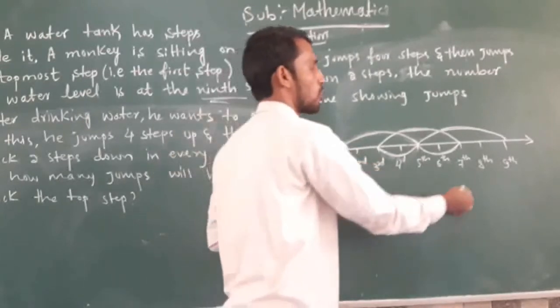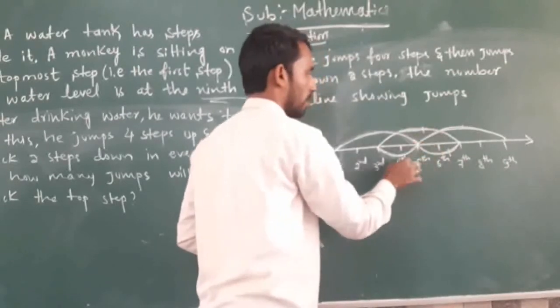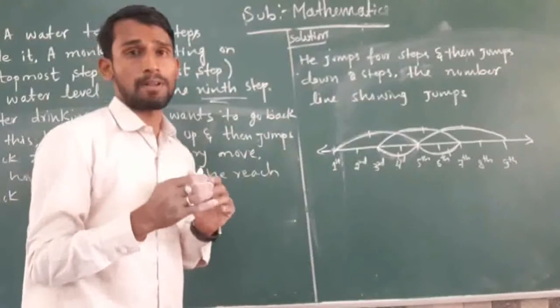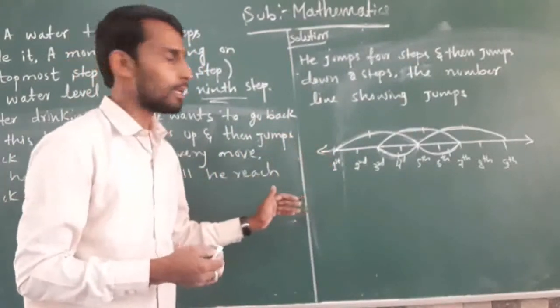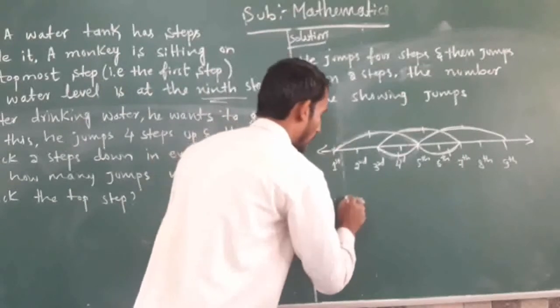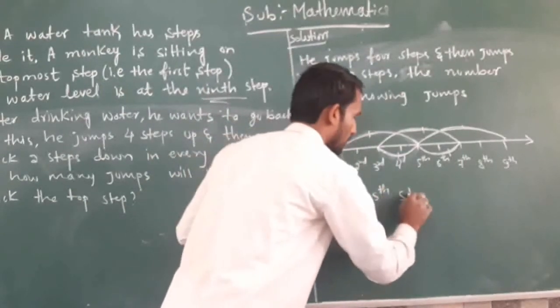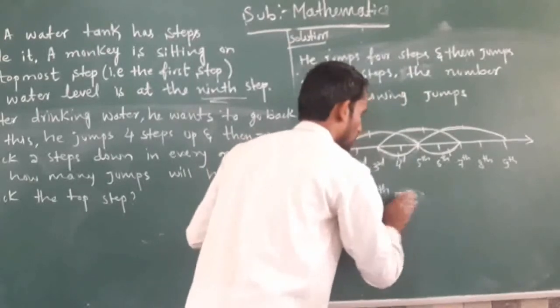See how many steps total is 1, 2, 3, 4, 5. At fifth jump, that will reach the topmost level. See, answer is at fifth jump.